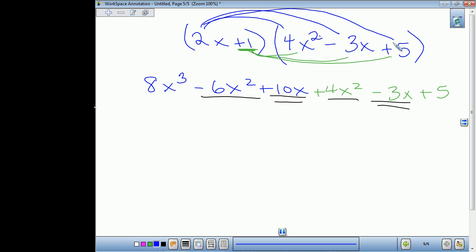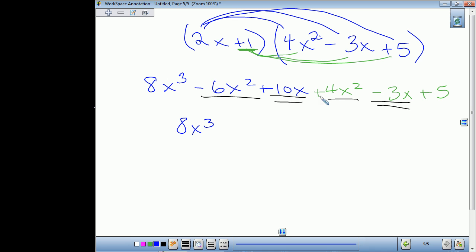After we distribute, we look and see, are they like terms? What that means is, do they have exactly the same variable raised to exactly the same power? If they do, we can combine them. Now this is the only cubed one, so it stands alone.